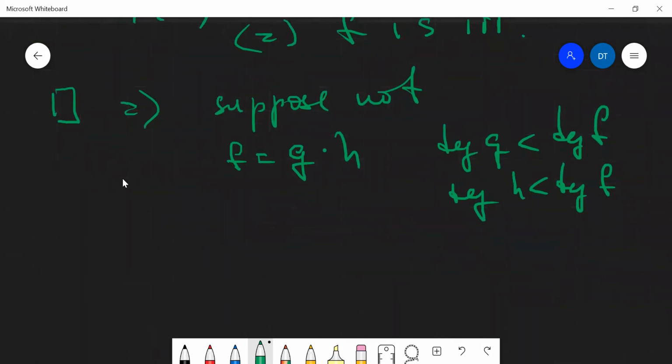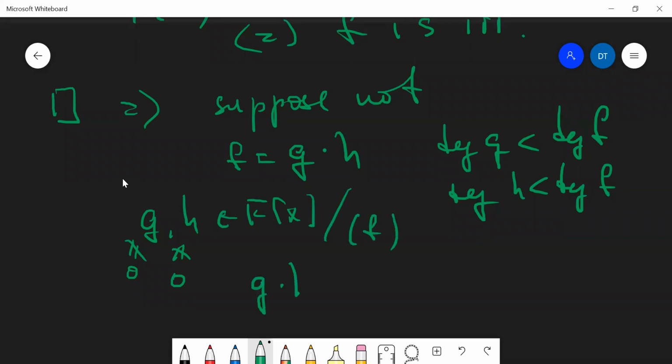In this case, g and h are non-zero elements of this ring, but g times h is equal to 0 just by definition here.